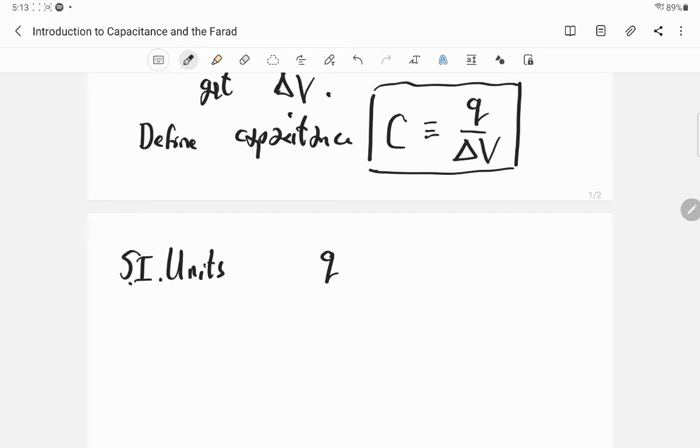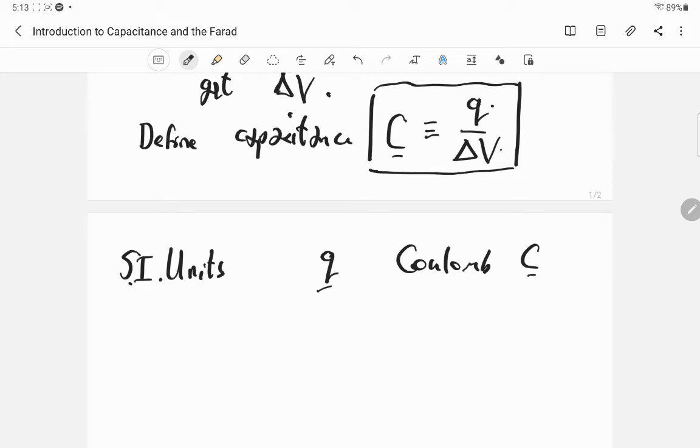The units that we use for the charge are coulombs. So that's another C, but you have to judge from context. This C right here that describes the units of a charge, you should remember that that's referring to coulombs. But this right here, which is the ratio of the charge separated to the associated potential difference, that's called the capacitance.